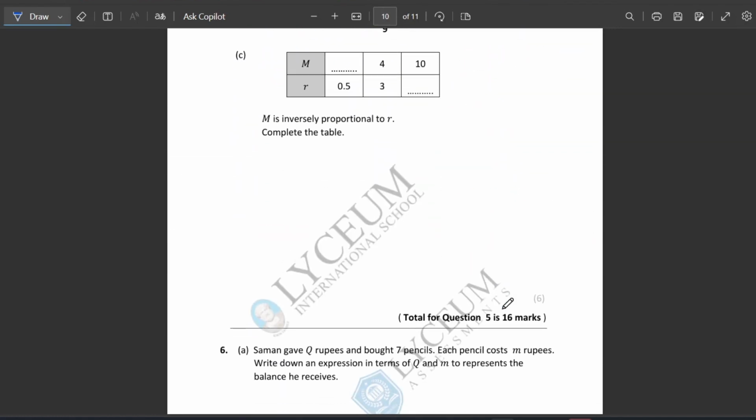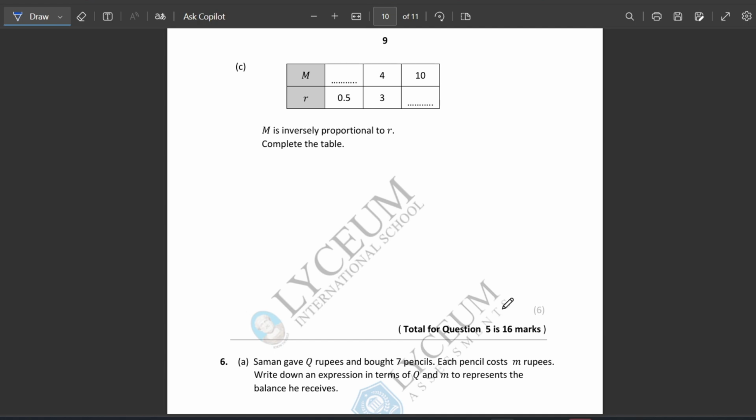Okay. In the C part, M is inversely proportional to R. We can write that M is proportional to 1 over R. If it is inversely proportional, we put it as 1 over R. And similarly, using a constant, we can convert it into an equation.